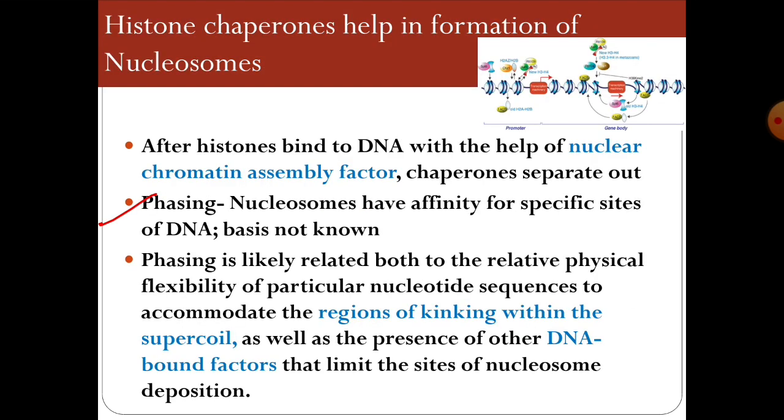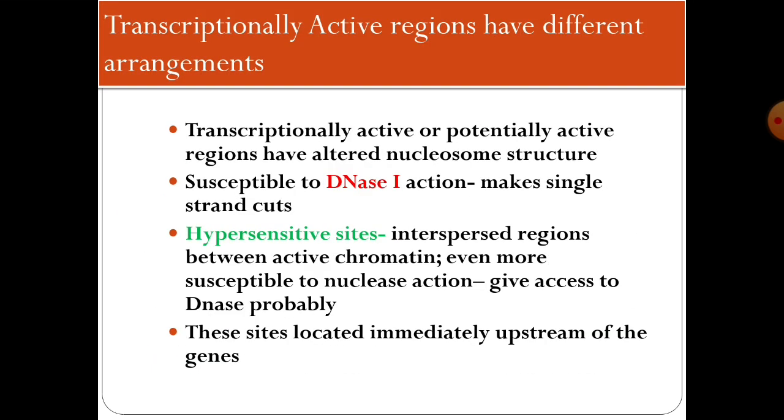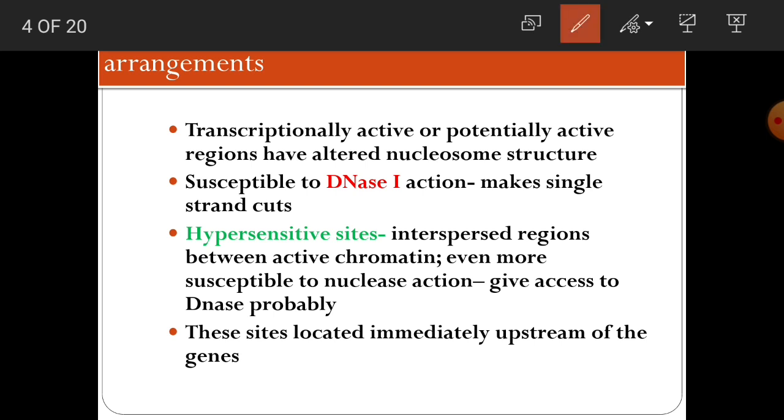Here the DNases are very active and they can make single strand cuts. Then another term comes, hypersensitive sites. Now, they are the interspersed regions between active chromatin.